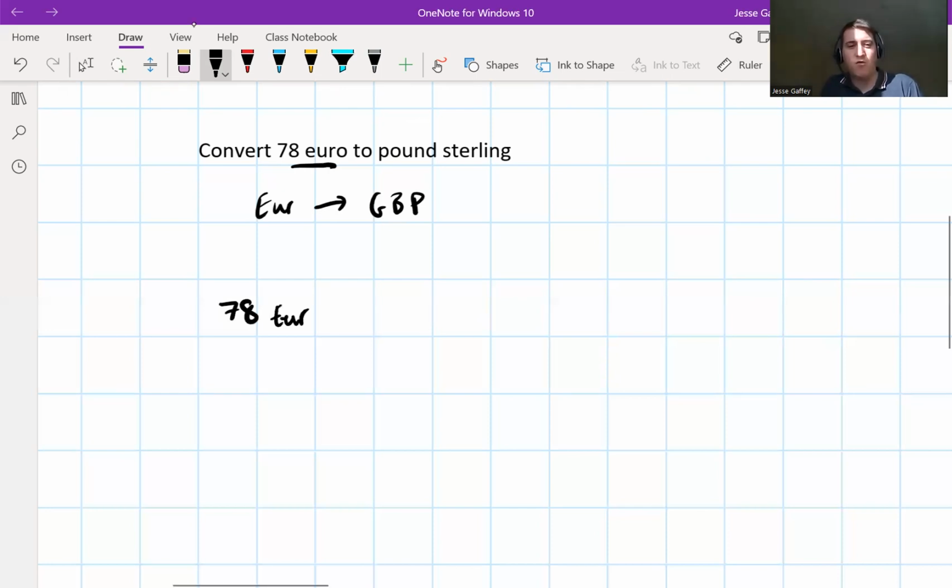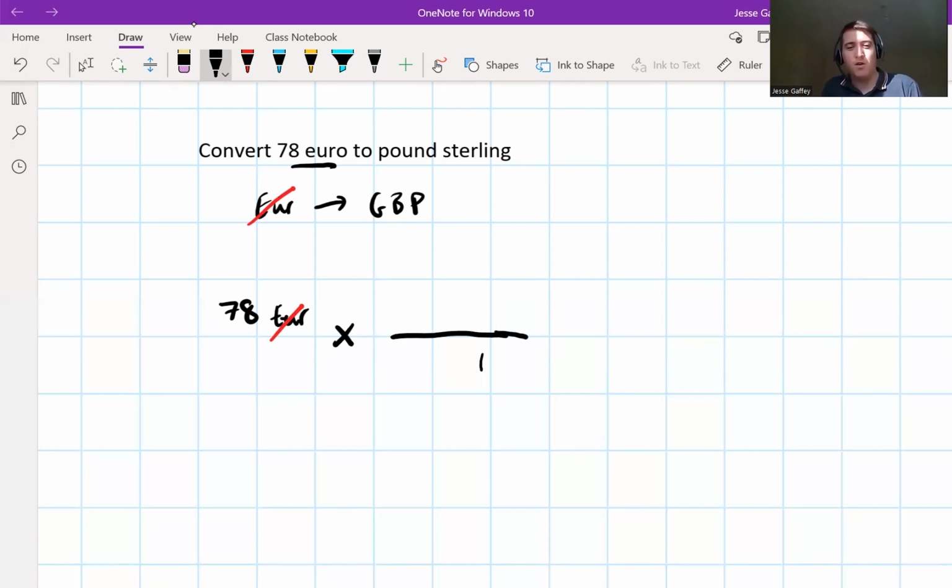Now think about getting rid of that euro because we don't want our answer in euros. We want it in GBPs. Now, how can I make that unit cancel? So I'm going to times it by a fraction that has the relationship between euros and GBP. So this is what we call a conversion factor, this fraction here. And then I've got to decide which am I putting on the top, which am I putting on the bottom.